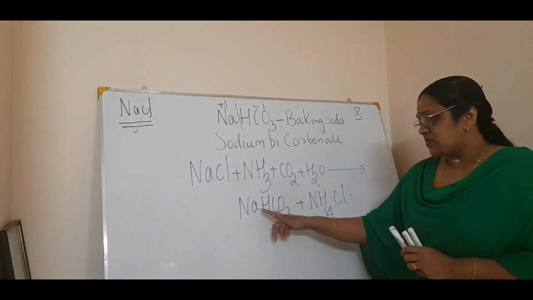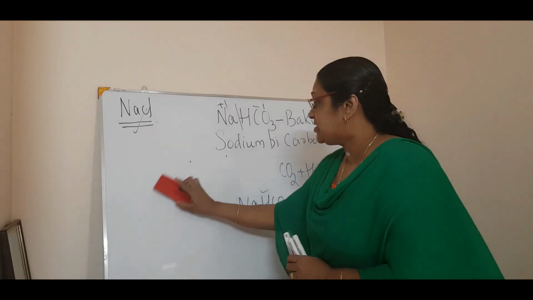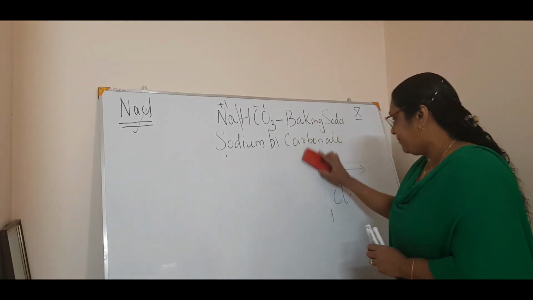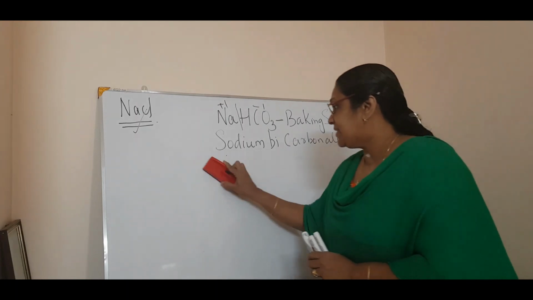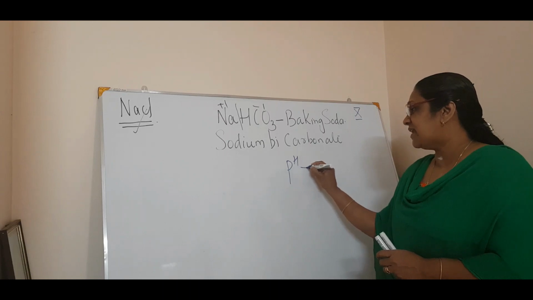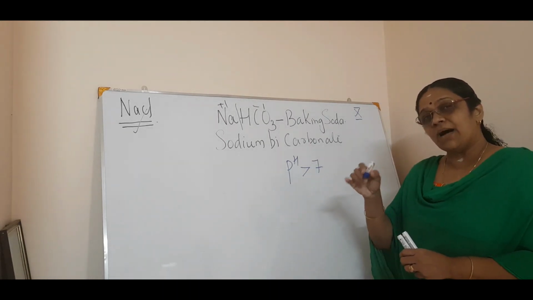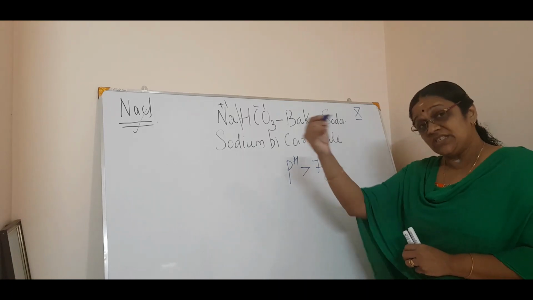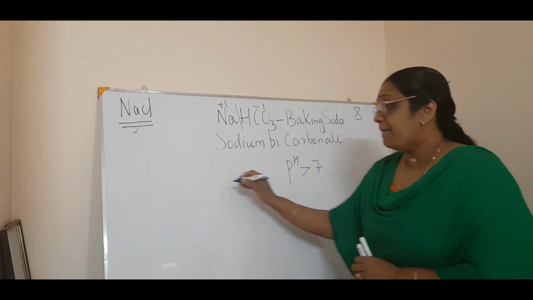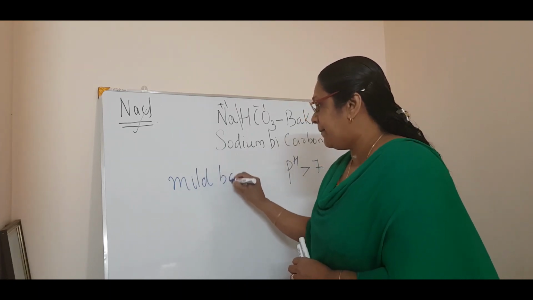You know, when we look at the pH of sodium bicarbonate, it shows a pH slightly greater than 7. Slightly greater means it is a mild base. It is not a very strong base, but a mild base.